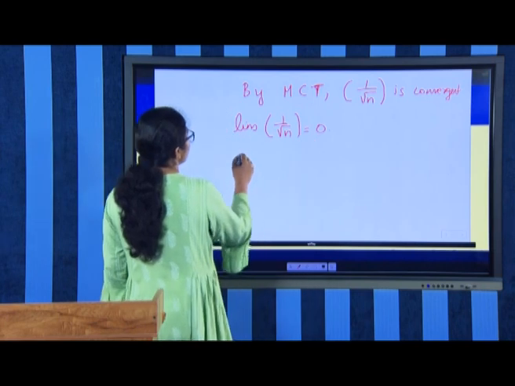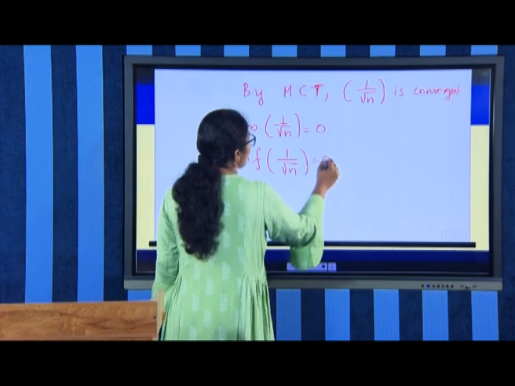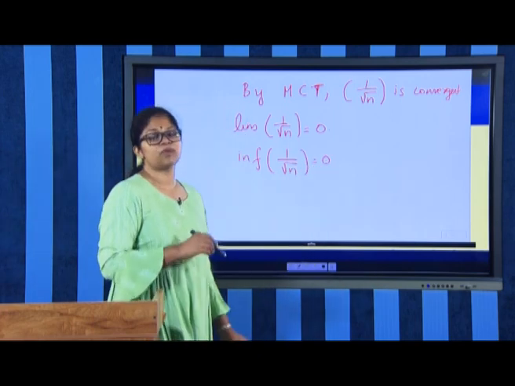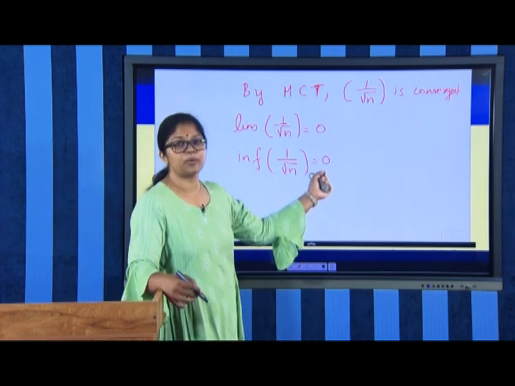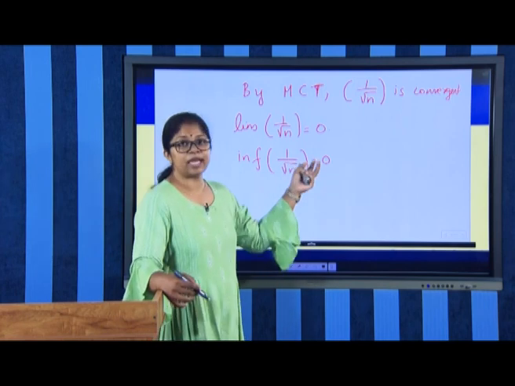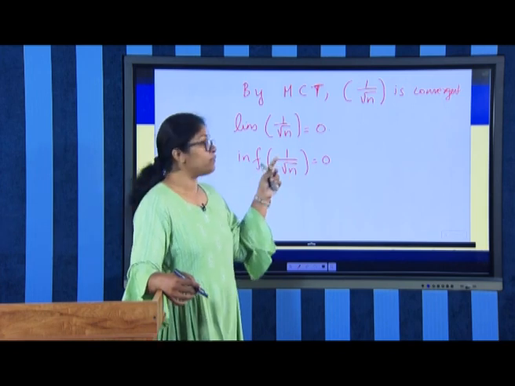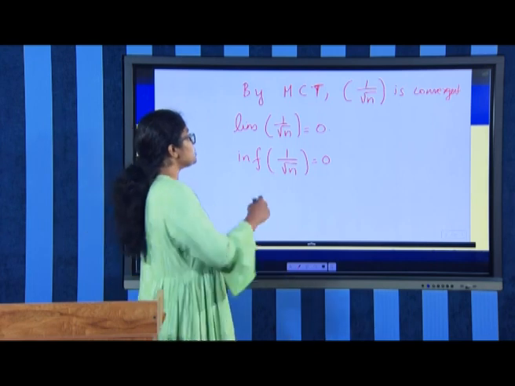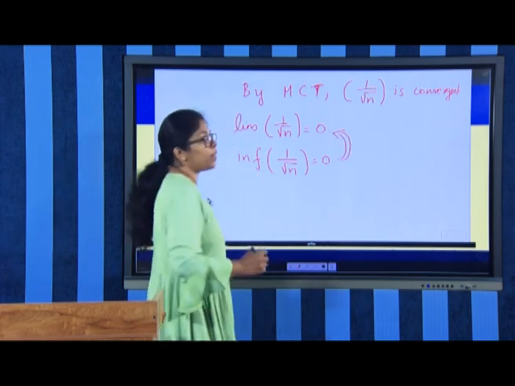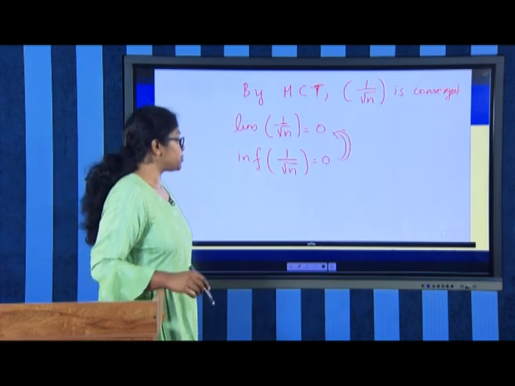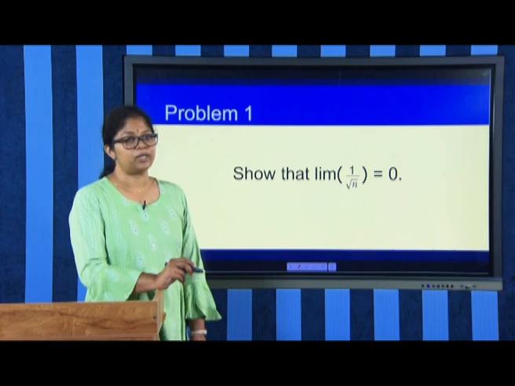That is enough if you show that the infimum of 1 by root n is equal to 0, and this part we have already discussed in one of the previous sessions. We can show that the infimum of 1 by root n is equal to 0 by using epsilon greater than 0 and the Archimedean property. So, the infimum of 1 by root n being equal to 0 shows that the limit of 1 by root n is equal to 0. So, that completes the proof of the first question, that is, the limit of 1 by root n is equal to 0.